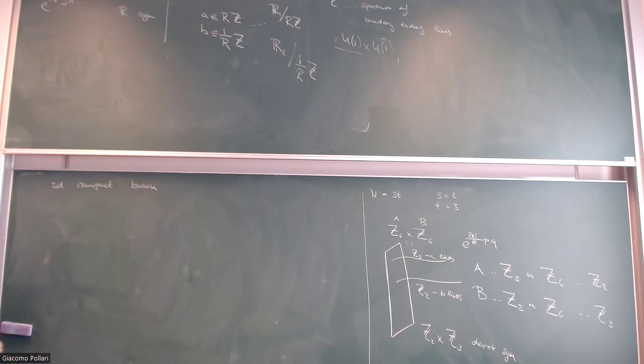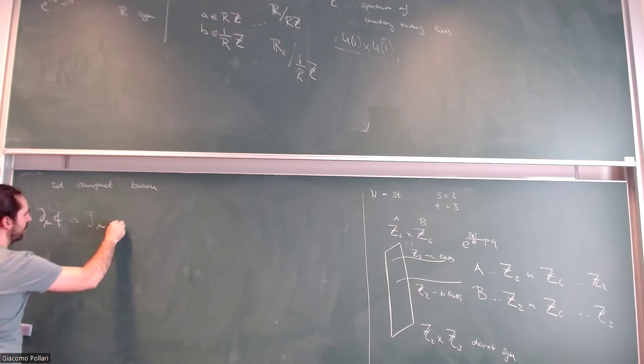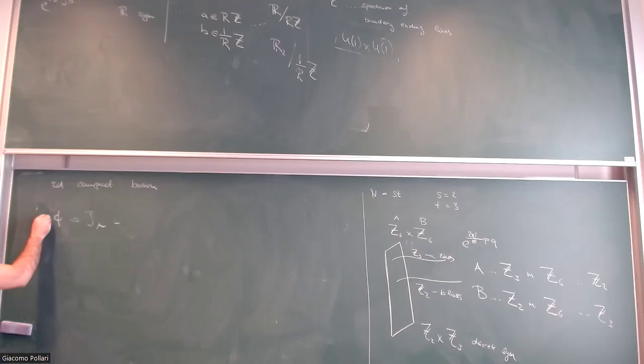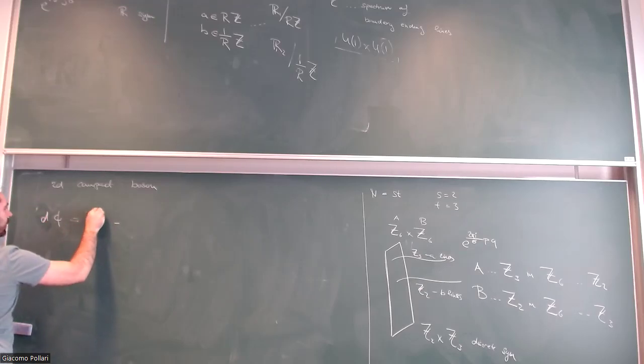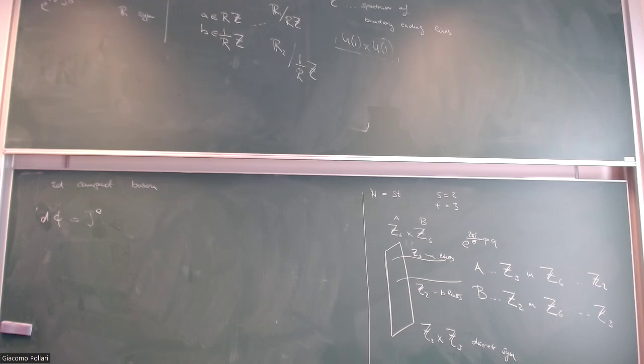So the 2D compact boson has the current I wrote at the beginning, and I told you that this is one of the currents, which I'll call the electric current.